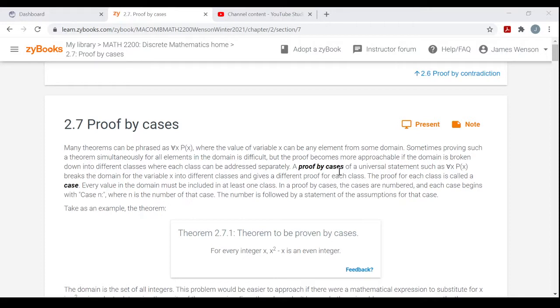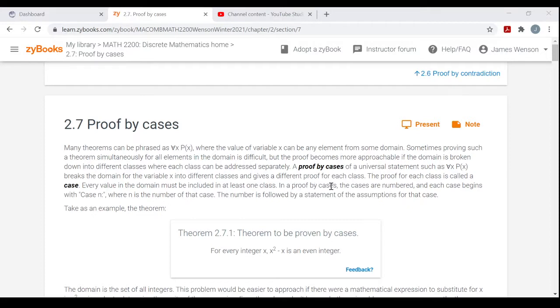Show that the statement is true for everything in the domain. The proof for each class is called a case. Every value in the domain must be included in at least one class. So you can have some overlap, as long as every value in the domain is represented.